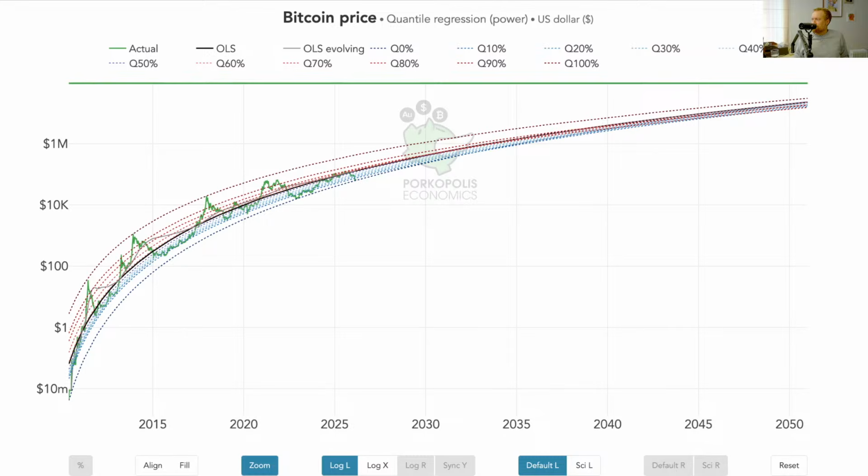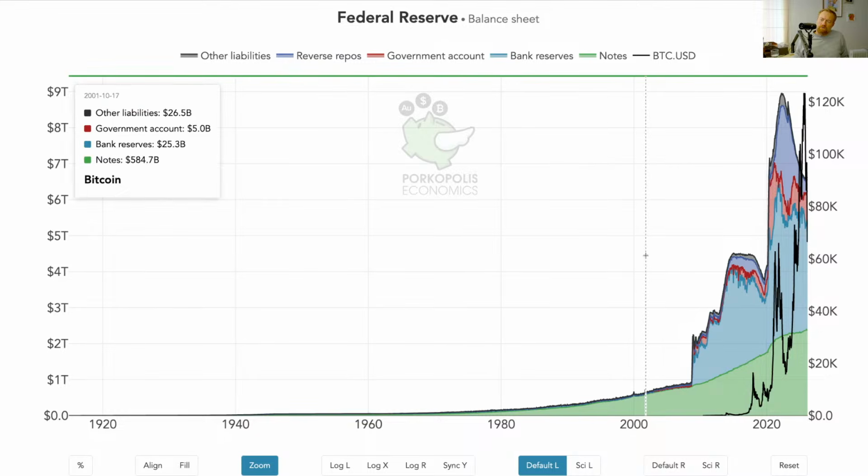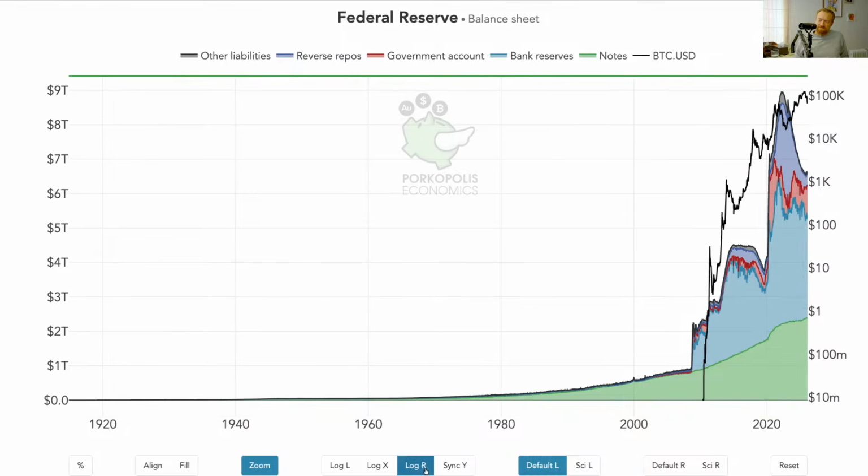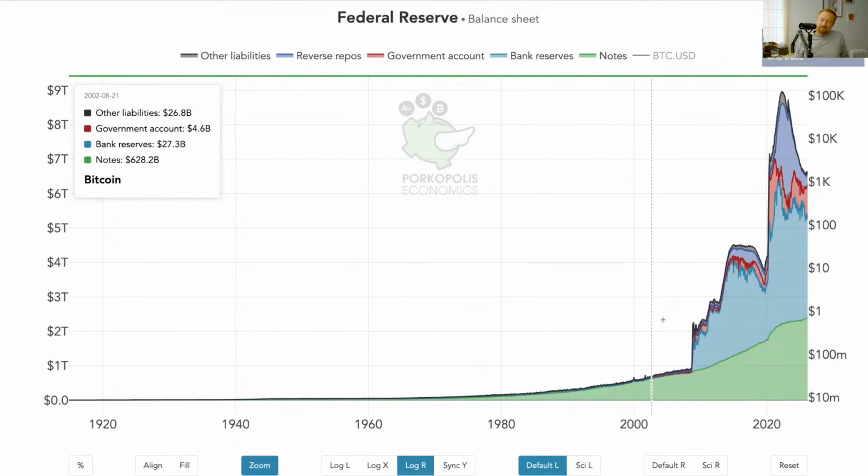Let's take a look at the Federal Reserve's balance sheet. You can really see the scale here of what Ben Bernanke did versus, let's take Bitcoin off, versus the prior history. It's pretty remarkable.